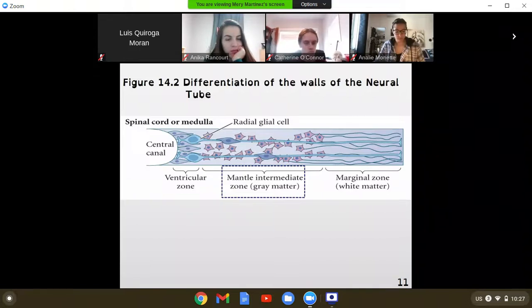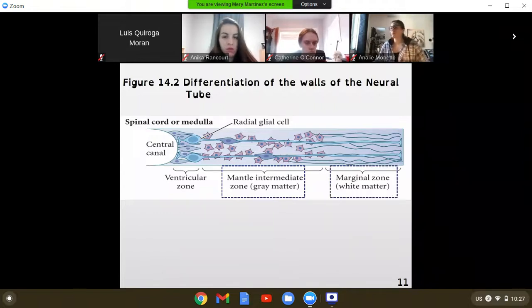Neurons then will create synapses among themselves and send axons, as we can see, like in here. They send their axons, creating the marginal zone. Okay, so here we have the marginal zone where we see just axons, right? So in here, in the mantle zone, we have the bodies of all of the cells that have birth and stay in the mantle, this is the gray matter, because we have the bodies of the neurons, right?